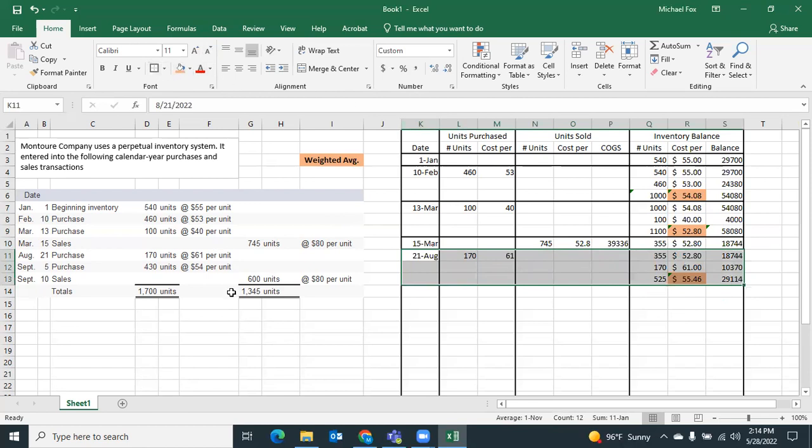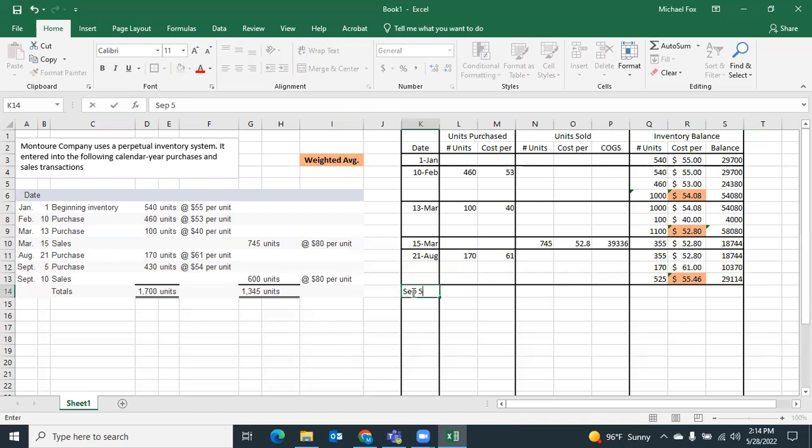We have another purchase on September 5th, 430 units at a cost of $54 a unit. So now we can say we had 525 units at $55.46, that's our average cost as of that point, plus the ones we just purchased, 430 units at a cost of $54 a unit.